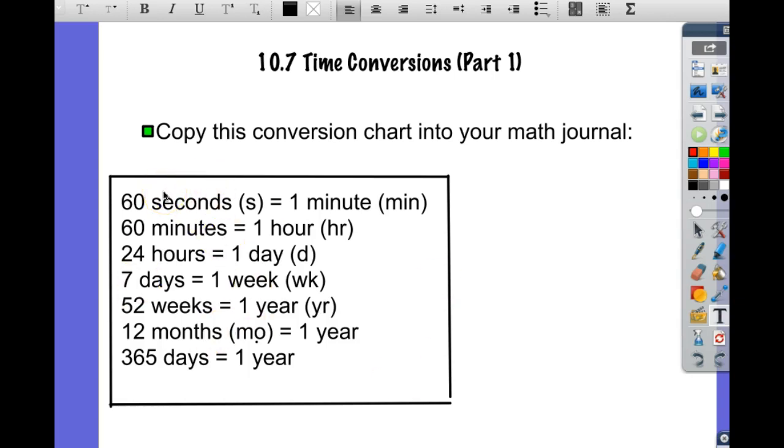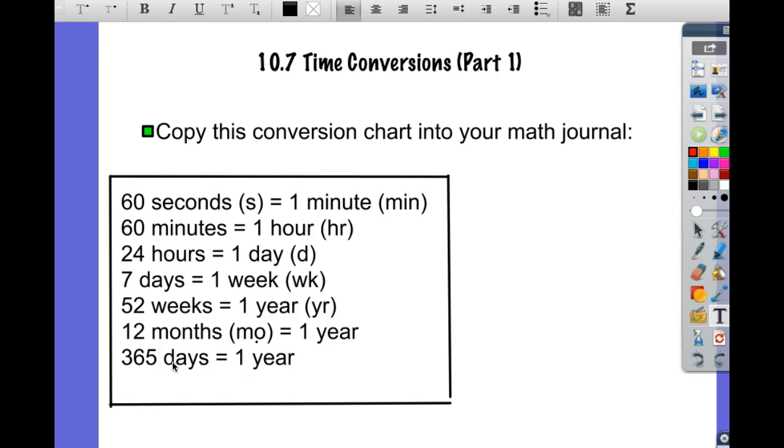You should probably know that there are 60 seconds in a minute, 60 minutes in 1 hour, 24 hours in a day, 7 days in a week, 52 weeks in a year, 12 months in a year, and 365 days in a year. So that is what you will need to know to be able to convert units of time.